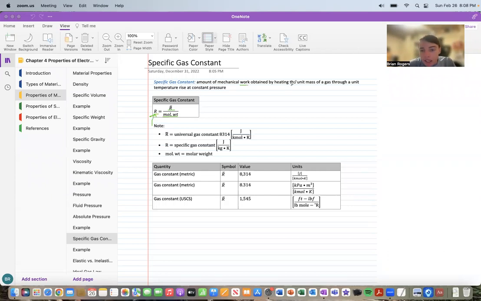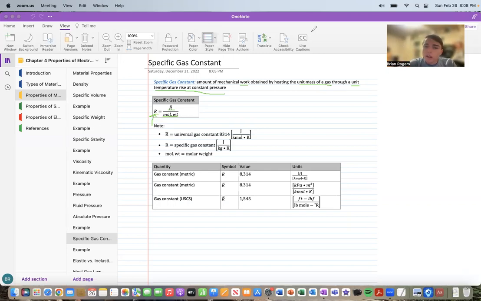obtained by heating the unit mass of a gas through a unit temperature rise at a constant pressure. So one unit of temperature rise at a constant pressure to heat one unit mass of gas.